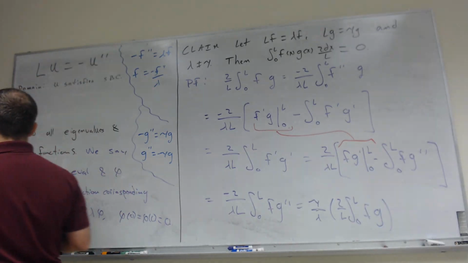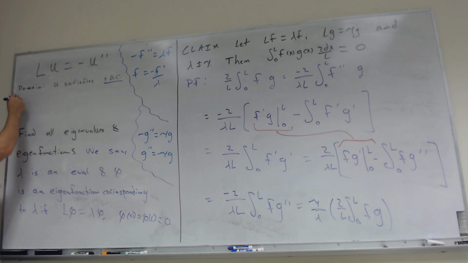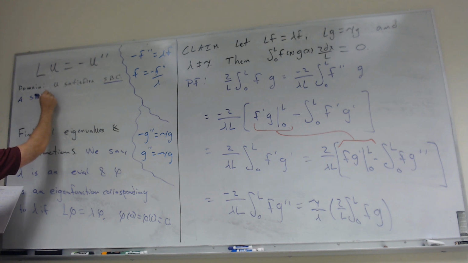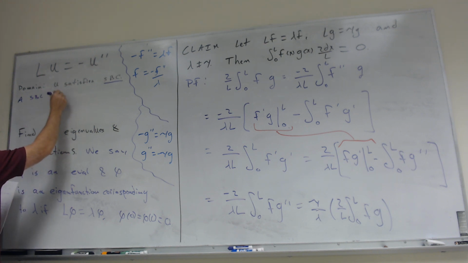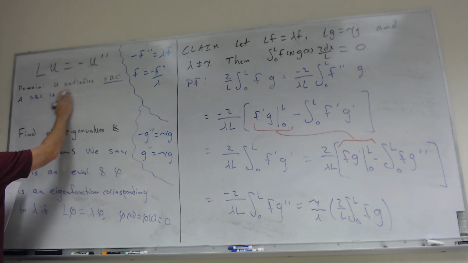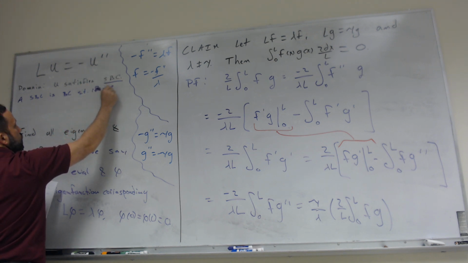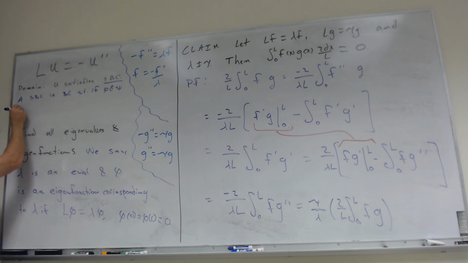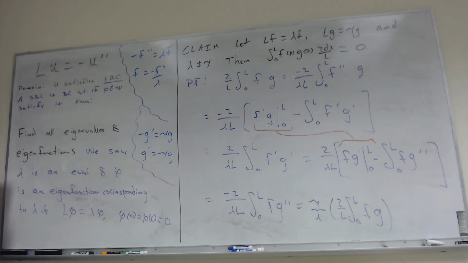Okay, so what's a symmetric boundary condition? I haven't told you what a symmetric boundary condition is. So a symmetric boundary condition is a boundary condition, sorry, such that if phi and psi satisfy it, then the following is true.